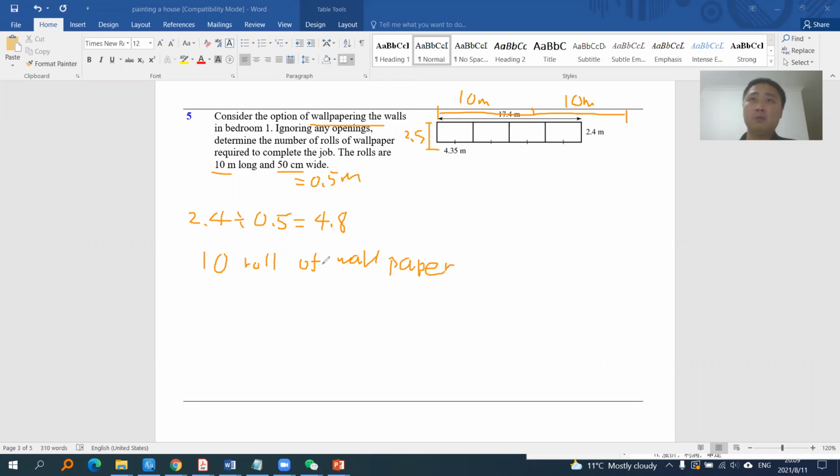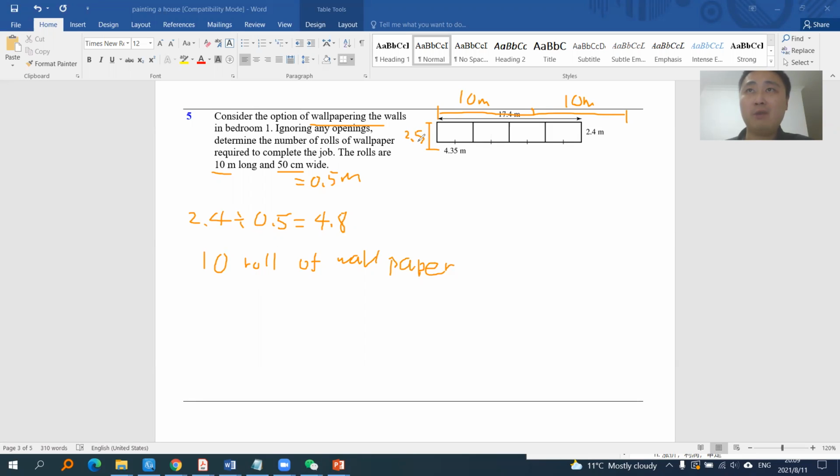It just asks you to get the number of rows of wallpaper. So that's 10. Because like I said, in total, the total height is 2.5 meter.